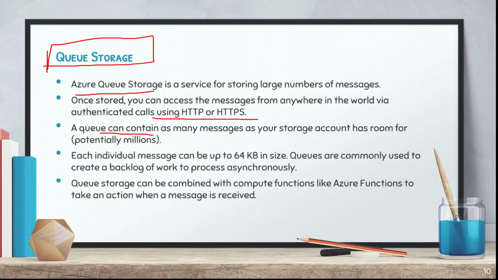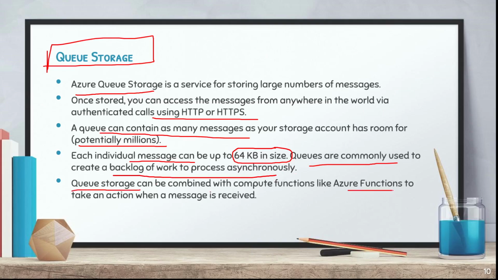A queue can contain lots of messages, even in the millions, and each individual message can be up to 64 kilobytes. They are commonly used to create a backlog of work to process asynchronously. Sometimes you combine your queue storage with Azure Functions to process a message whenever it is required.